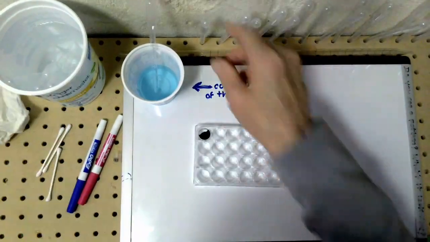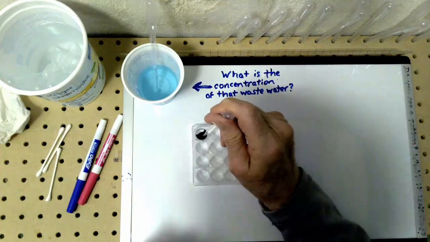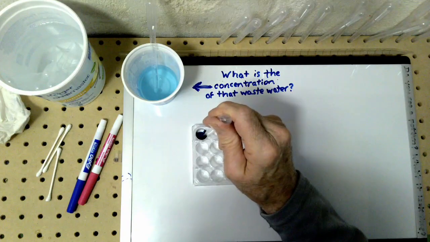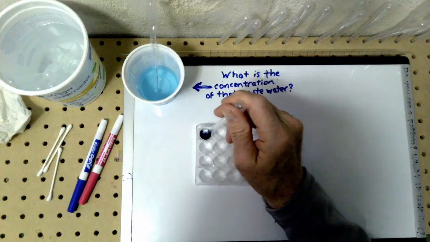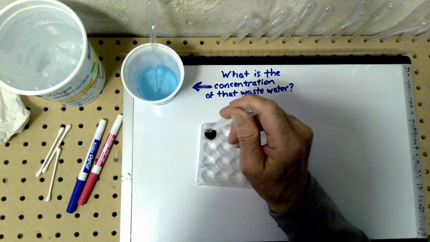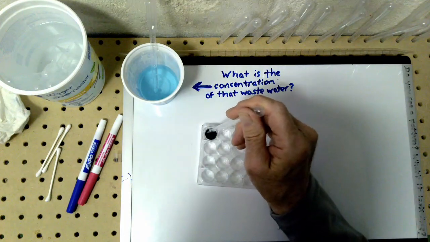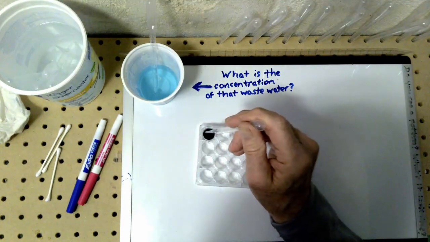Next thing we're going to want to do, take another micropipette, mix that up good. All well mixed up. And then we'll take one of those. A little bit of adhesion here up to the side there.